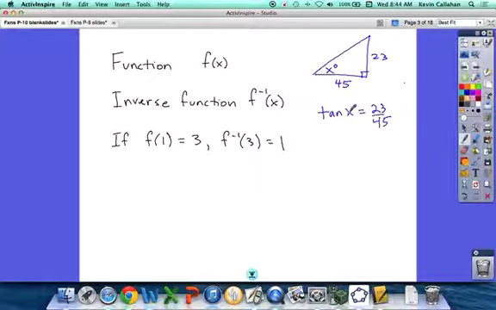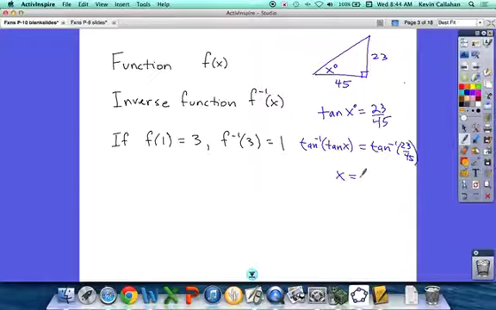What you can do, based on the things we learned in the lesson today, is say, I'm going to take tan inverse of both sides, and when you take the tan inverse of the tan, they cancel each other out, and all you get is x.